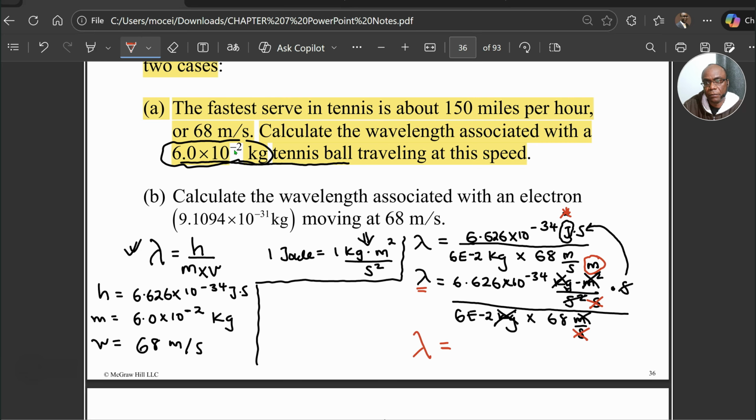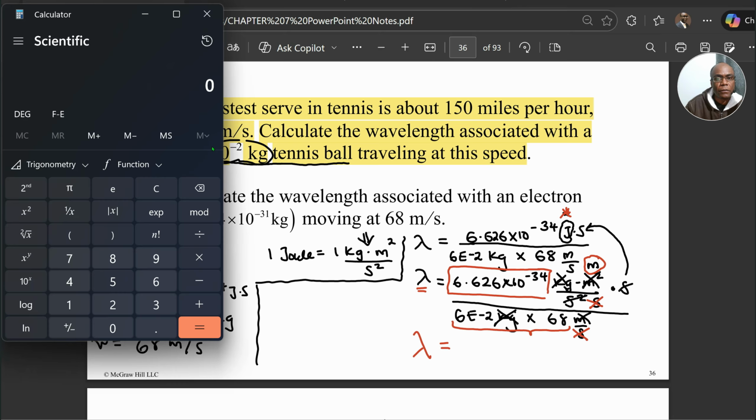So let's do the math. So my wavelength will be equal to, you want to take this value and divide by the product, the multiplication, of those two. Let's do that. So I have 6.626 exponent 34, it has to be a negative, and then I'm going to divide that by the multiplication of 6 exponent negative 2, which is multiplied by 68.